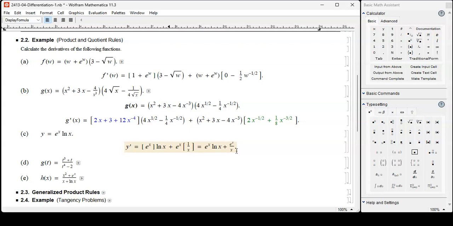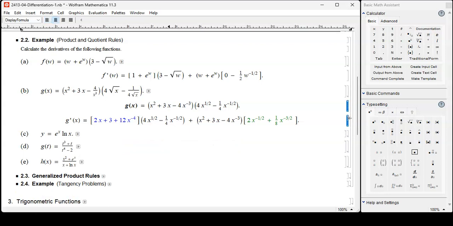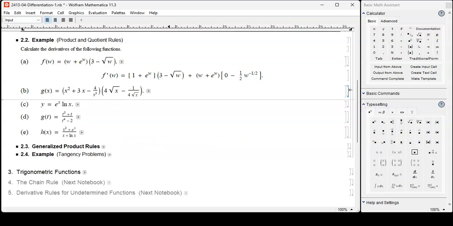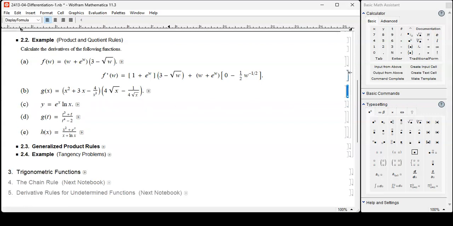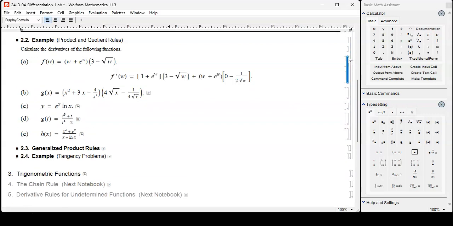You don't have to simplify, but if you do simplify a little bit, here we go. So those are the product rules. The answer key is here. And that too. The answer key here.